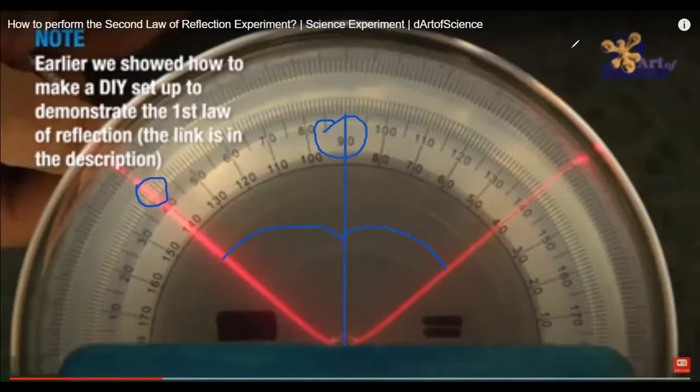Do you agree angle of incidence and angle of reflection are equal from this look? Amna Mustafa, what is the angle here?